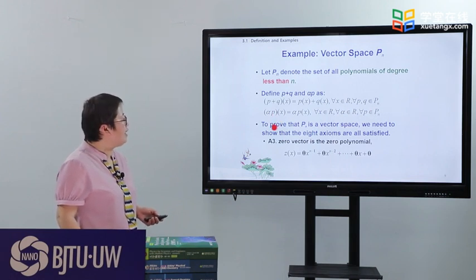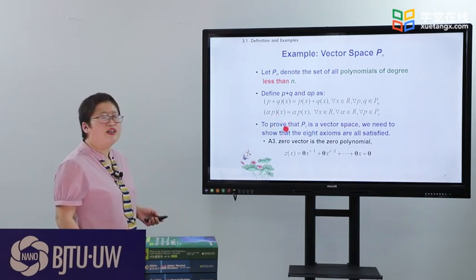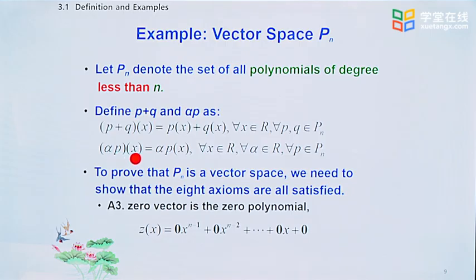And we define the scalar multiplication: the function alpha times p on x just equals the number alpha times the polynomial function p of x, for any x, any alpha in the real numbers, and any p belonging to this set, respectively. To prove that this set Pn is a vector space, we need to show that the 8 axioms are all satisfied, right?